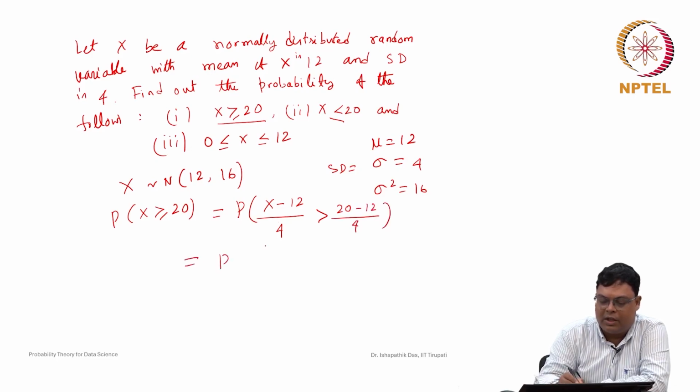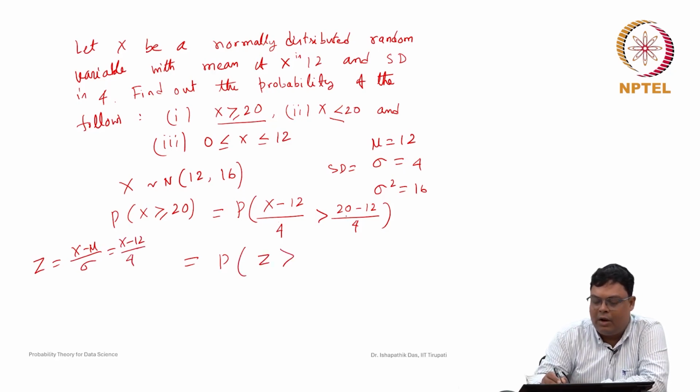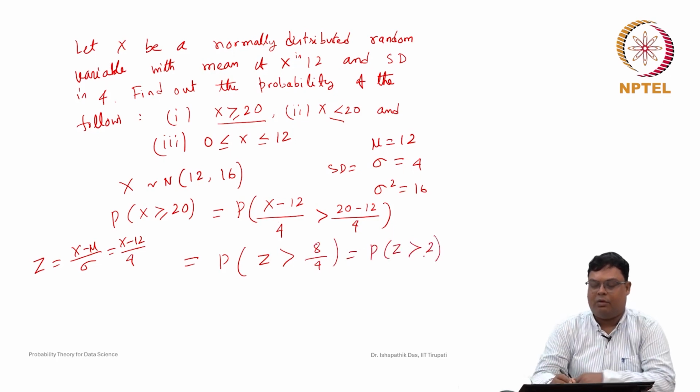So, z is equal to x minus mu by sigma, which is x minus 12 by 4 for this case. So, this is z greater than or equal to 20 minus 12, which is 8, by 4, which is 2. So, the probability that z is greater than 2.